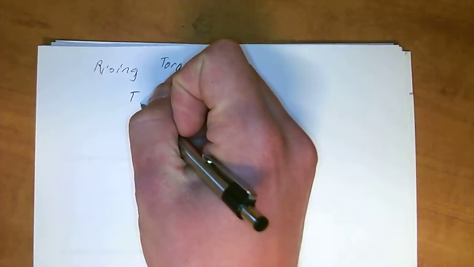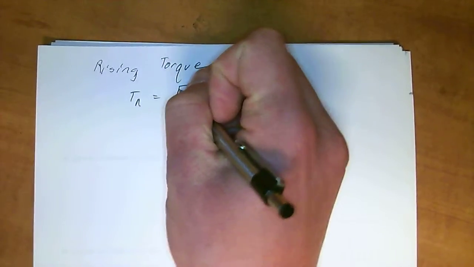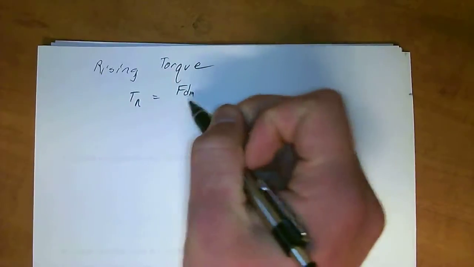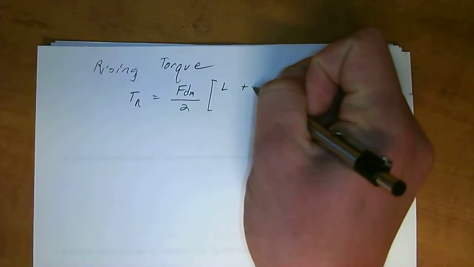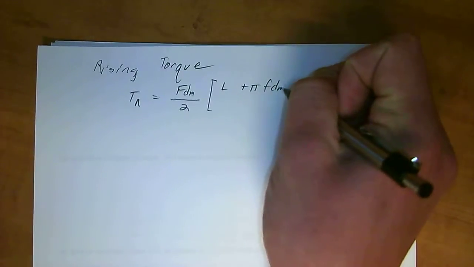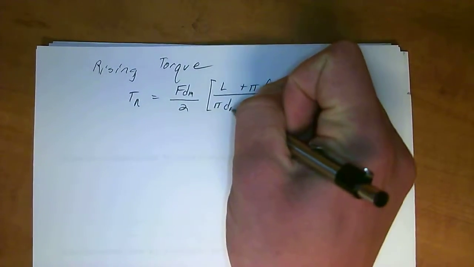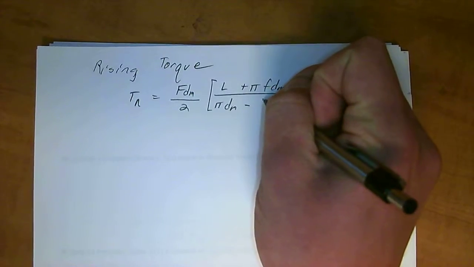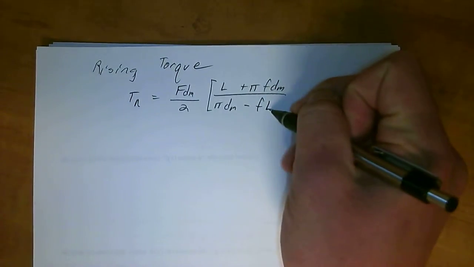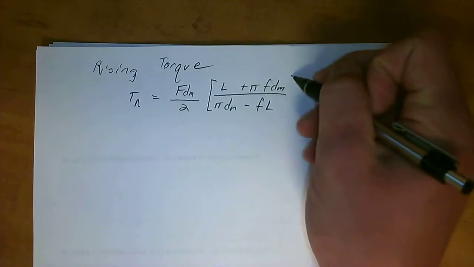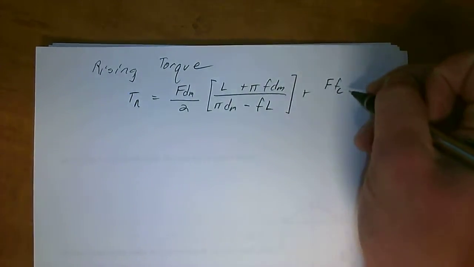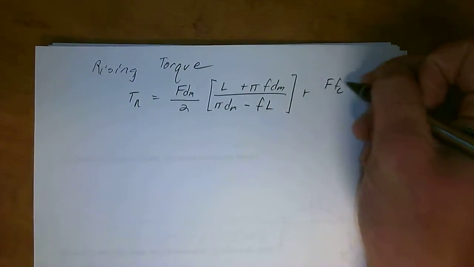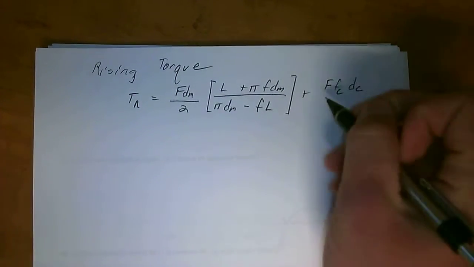So, rising torque. The equation you use for rising torque is T_R equal to F d_m, which is the median diameter, all over 2 times (L plus pi f d_m) all over (pi d_m minus f L), where f is the coefficient of friction for the rising torque, plus F f_c d_c all over 2, where f_c is the coefficient of friction for the collar and d_c is the diameter of the collar.